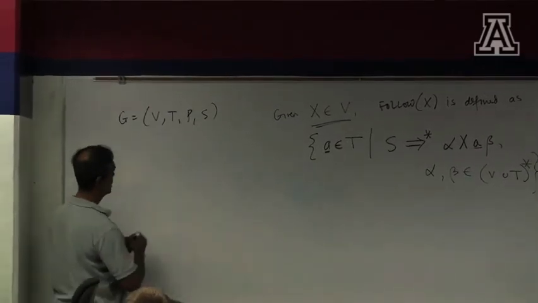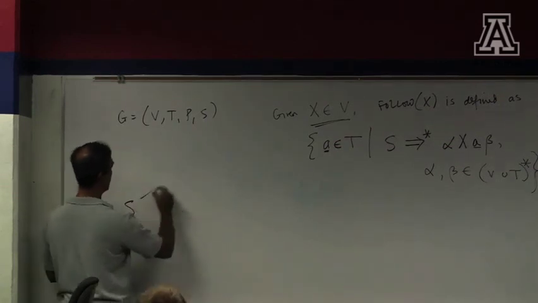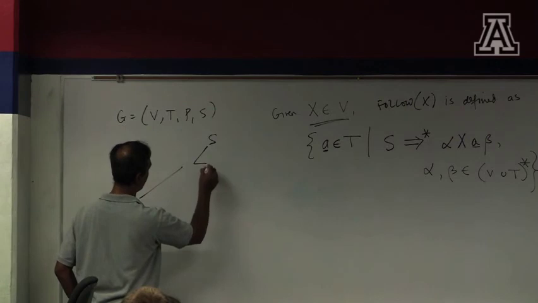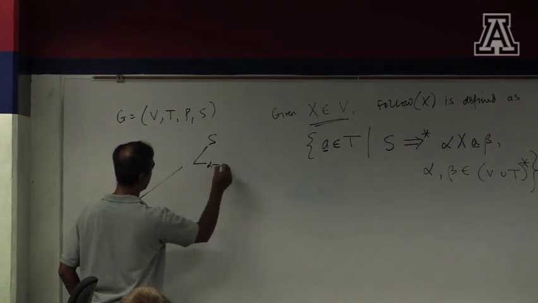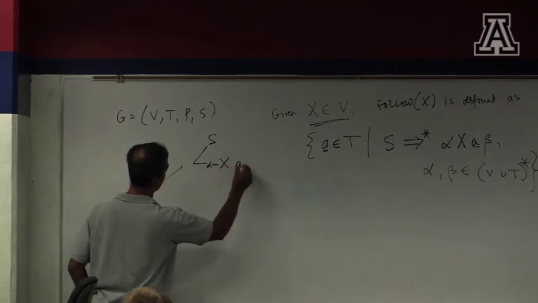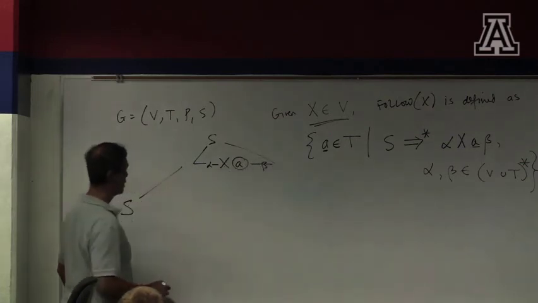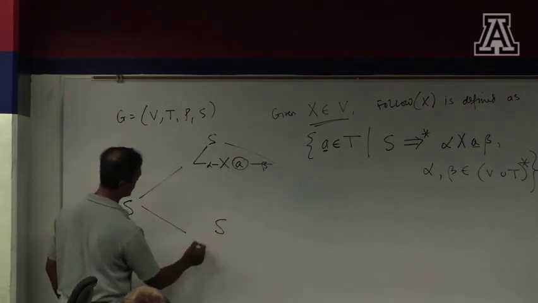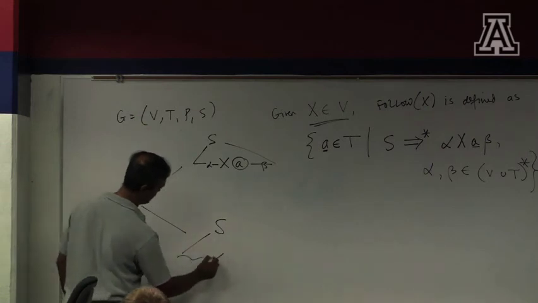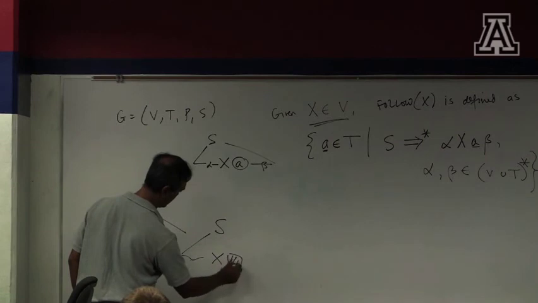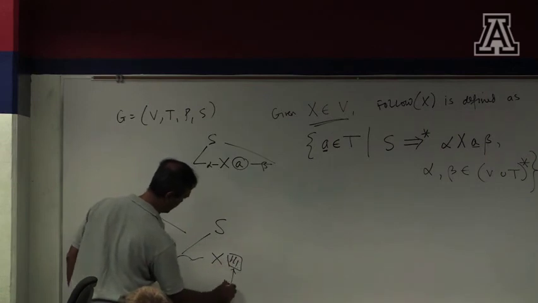Suppose, starting with S, I go off, and in one direction I can have alpha, x, a, beta. So there's an a over here, and in the other direction I have S, stuff, x, something else, not a.